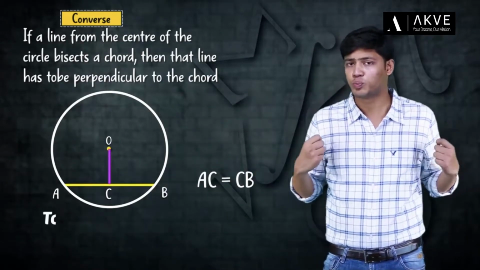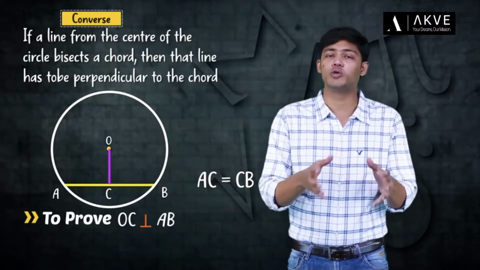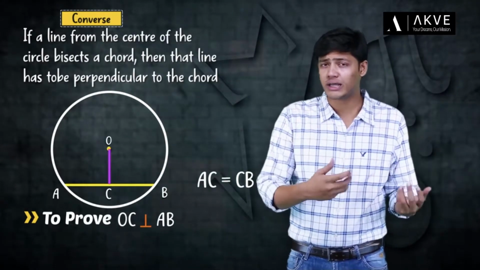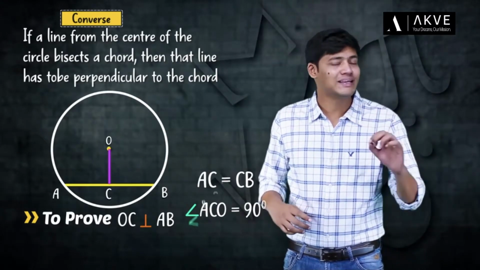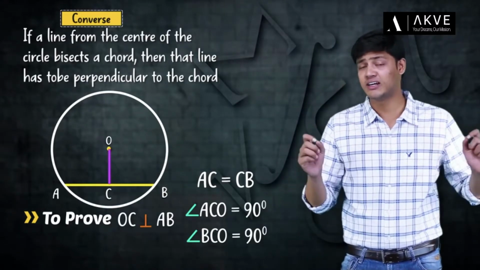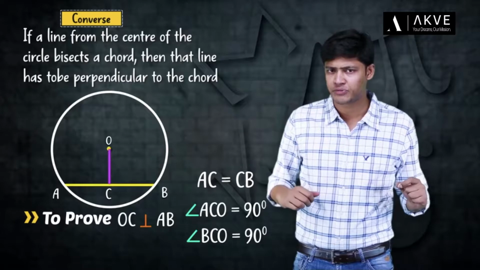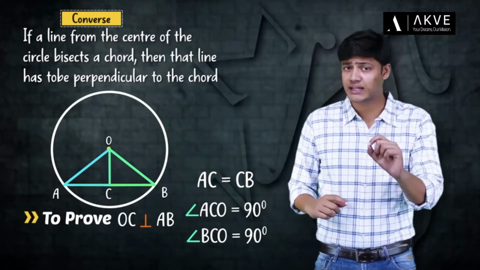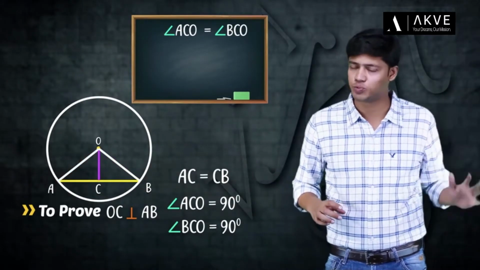Now, what we have to prove is that the line segment OC is perpendicular to the chord AB. That is, we have to prove that either one of the angles ACO or BCO is equal to 90 degrees. Even here, we will use the concept of congruent triangles. If we prove that these two triangles are congruent, then the angle ACO must be equal to the angle BCO.